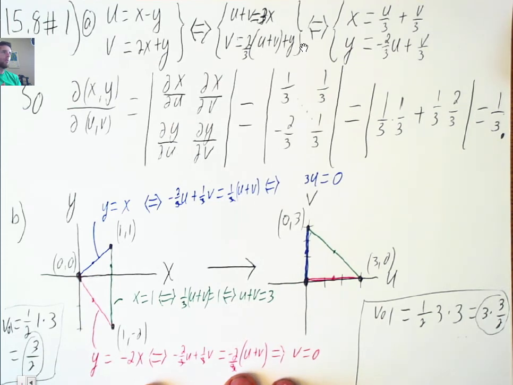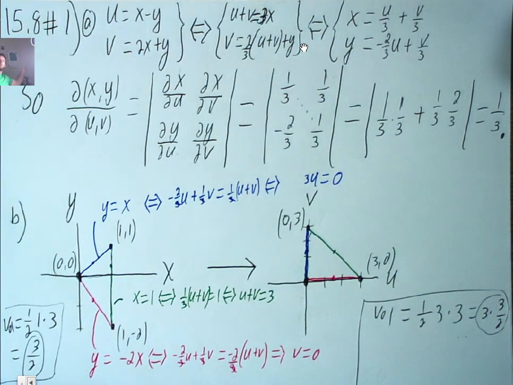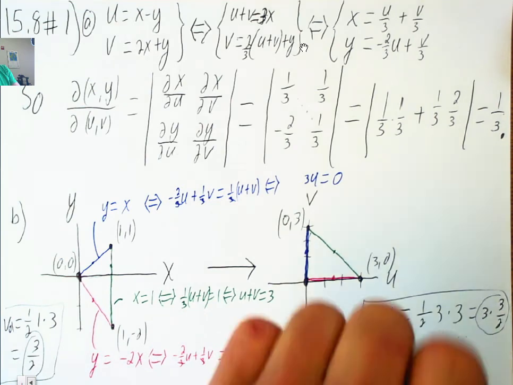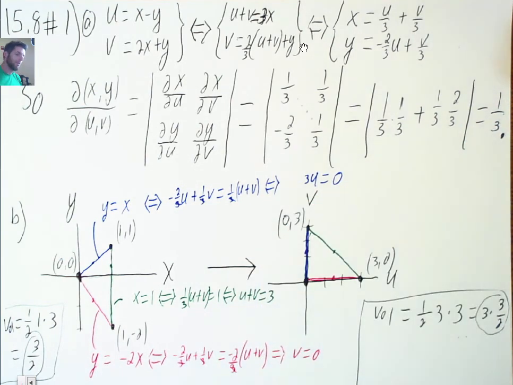The absolute value of the determinant of the Jacobian is the factor by which volumes of shapes change. Now, this ended up being constant, 1/3. The absolute value of the determinant of the Jacobian is not always going to be a number.